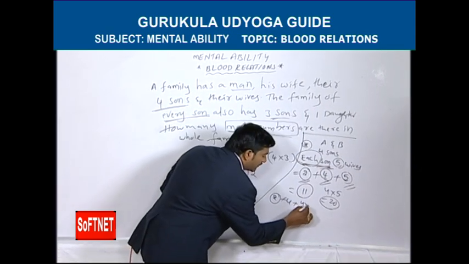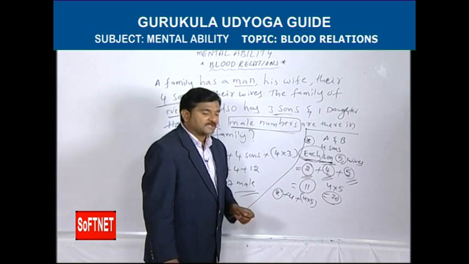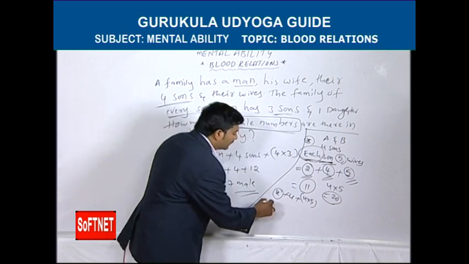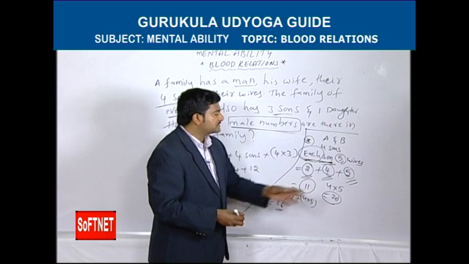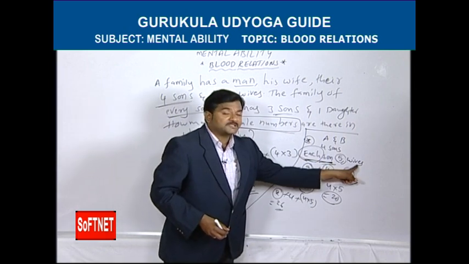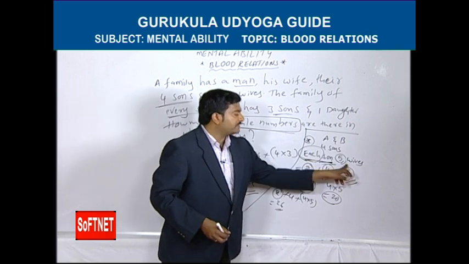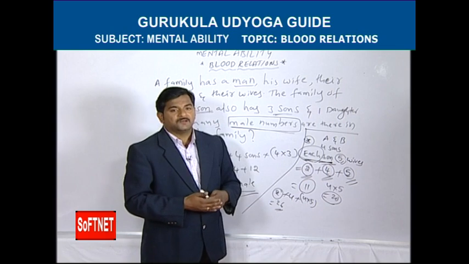So total 4 into 5 is 20 wives. 20 wives plus 4 is 24, 24 plus 2 is 26. So if I use the words each son is having 5 sisters, I get a total of 11 only. But if each son is having 5 wives, I get 26. These are the logical questions.